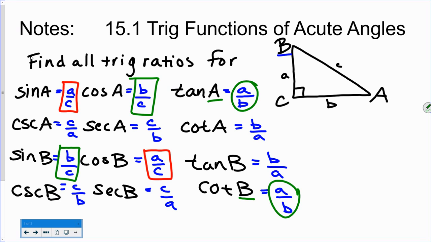And the same thing is going to happen with your cosecant and secant. If I look at cosecant, c over a is the same as secant when I use the other angle in my triangle. And then there are relationships for all of them there. I want you to notice that because that's what we're going to use in our next example.